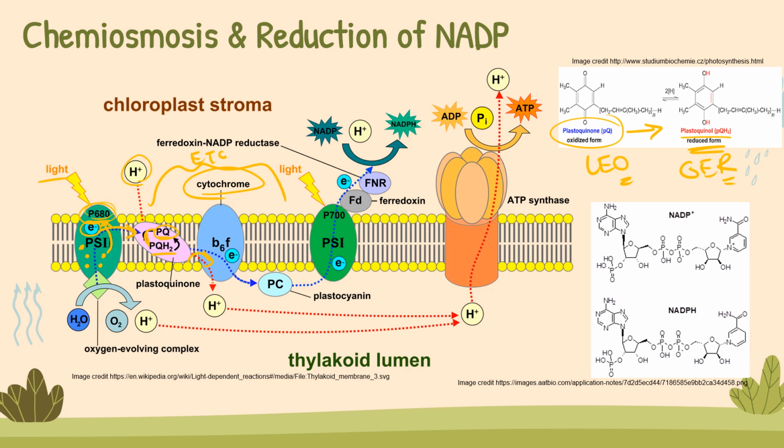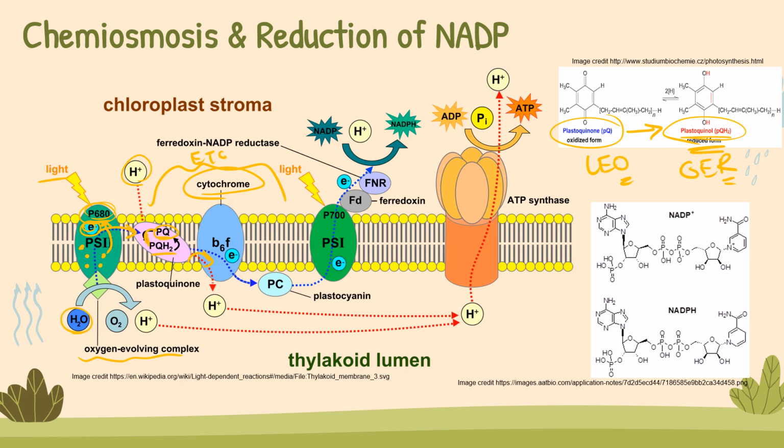Remember that because P680 lost some electrons, it needs some more electrons, and so it's going to regain electrons from water molecules, that photolysis of water and the oxygen evolving complex of PS2. So now these electrons that are being carried by the reduced form PQH2 pass to cytochrome.